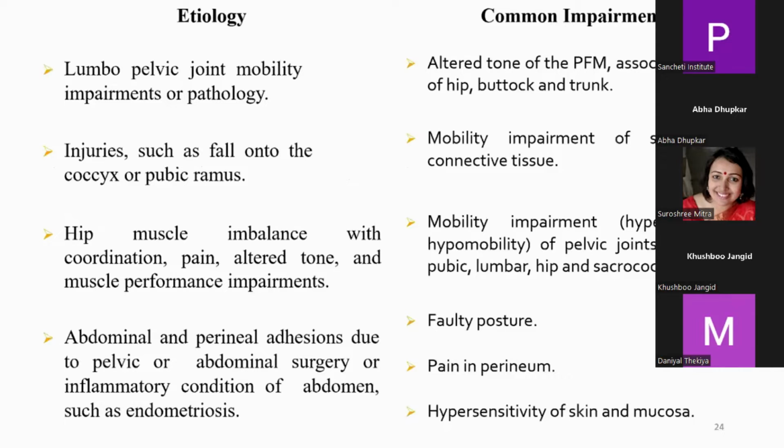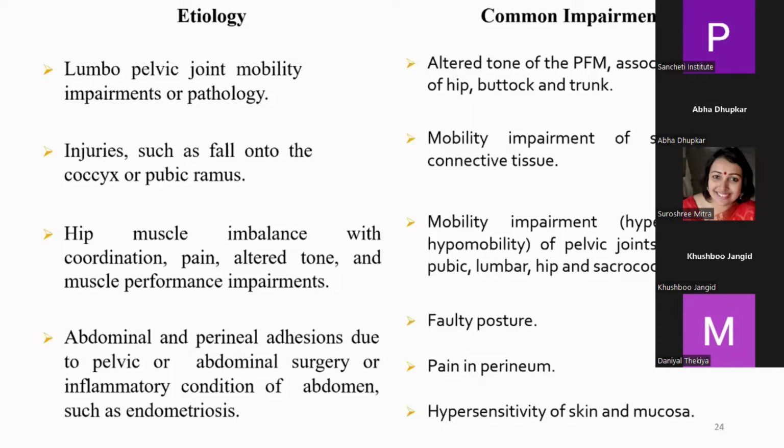There are lumbopelvic joint mobility impairments or any pathologic condition related to the lumbar and the pelvic joint or a combination of both. Second is injuries such as a fall onto the coccyx or the pubic ramus. If any injury to these structures occurs, then it can lead to the hypertonic dysfunction. Next is hip muscle imbalance with coordination, pain, altered tone, and muscle performance impairments.